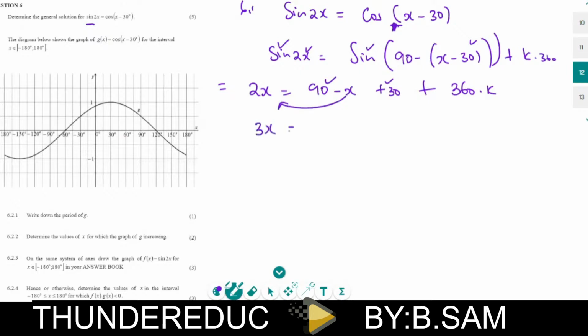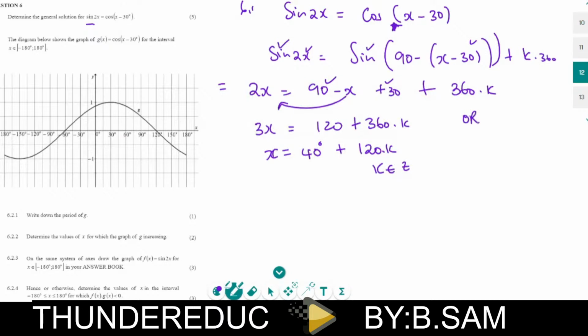So I'll have 3x is equal to 120 plus 360 times k. Now, I can divide through by 3 so that my x is 40 plus, divide by 3, 120 times k. And then we say k is a set of integers.